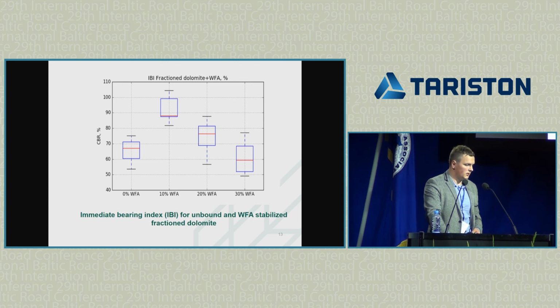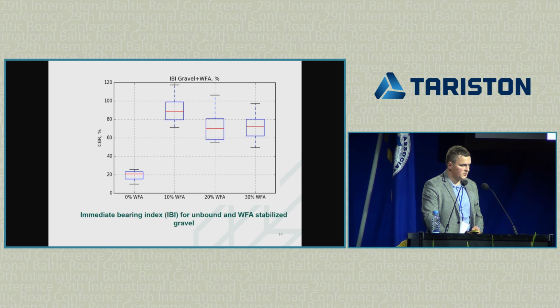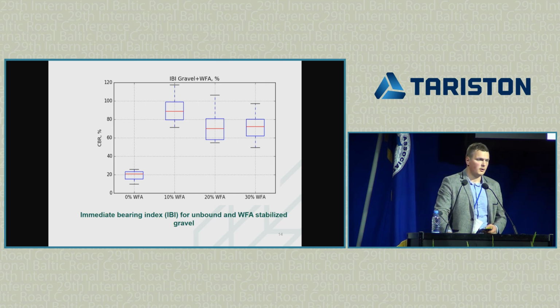You can see that for fractional dolomite, the highest value was at 10%, and then it's dropping. It was something similar for the gravel. Anyhow, of course, CBR values are high.